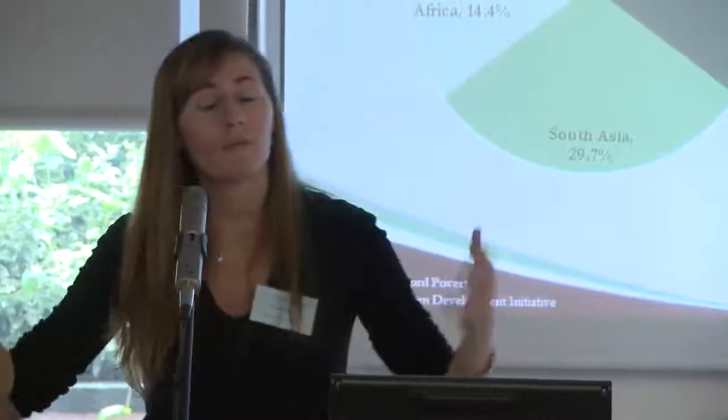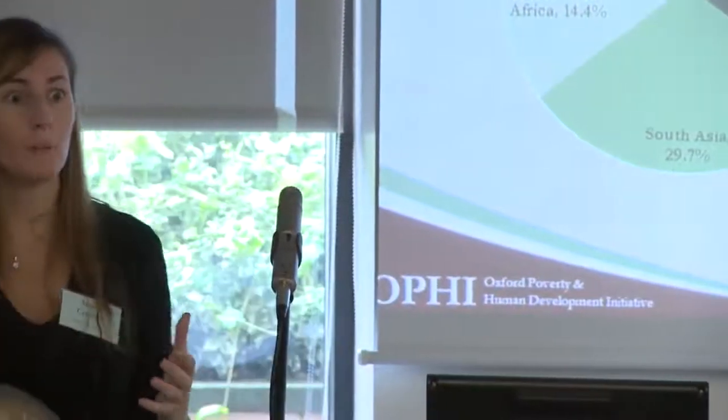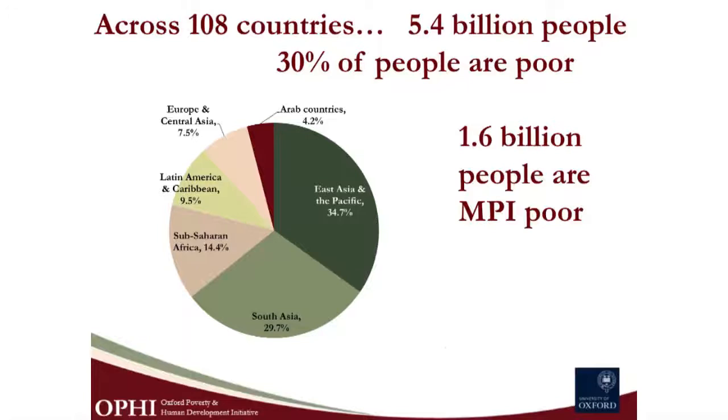So out of the 5.4 billion people that we are analyzing in our MPI currently, we identify 30% of them as being MPI poor. So 1.6 billion people in these 108 countries are suffering deprivations in 33% or more of these 10 weighted indicators that compose the MPI.